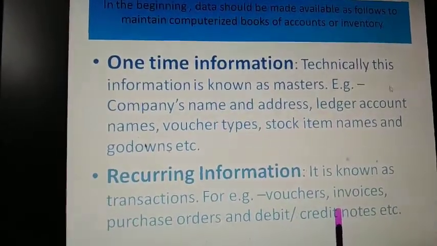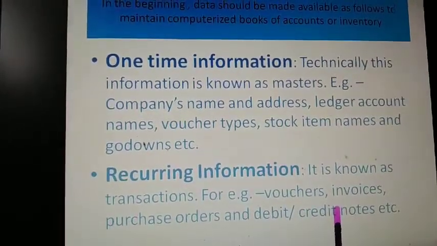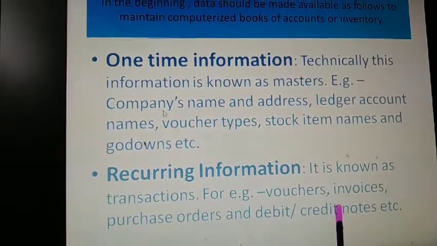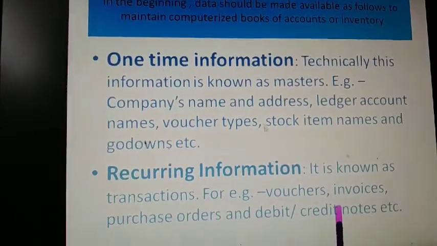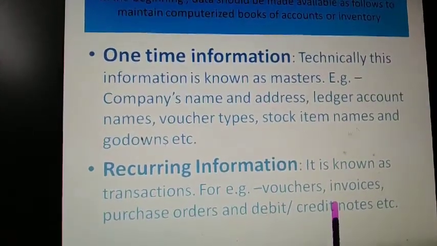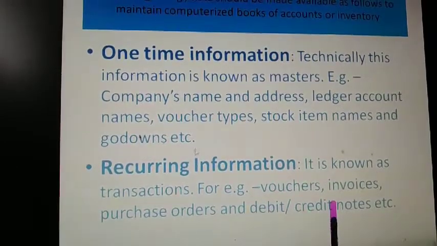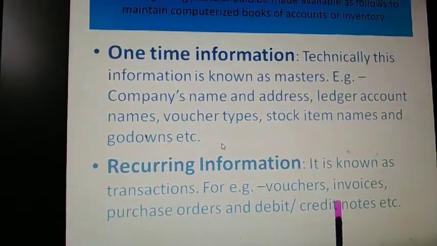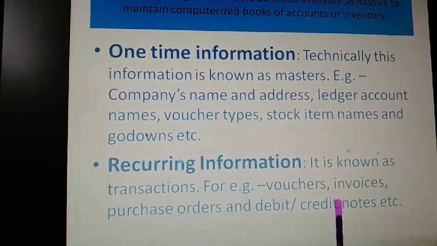Technically this information is known as masters. For example, company's name and address, ledger account names, voucher types, stock item names and godowns, etc. So these are the data you will be entering one time.